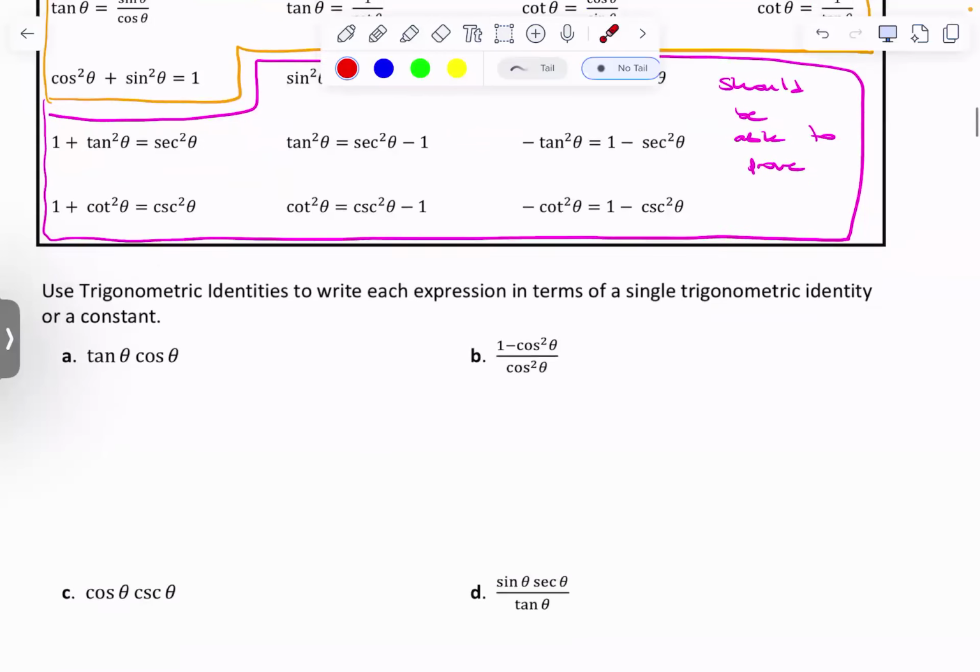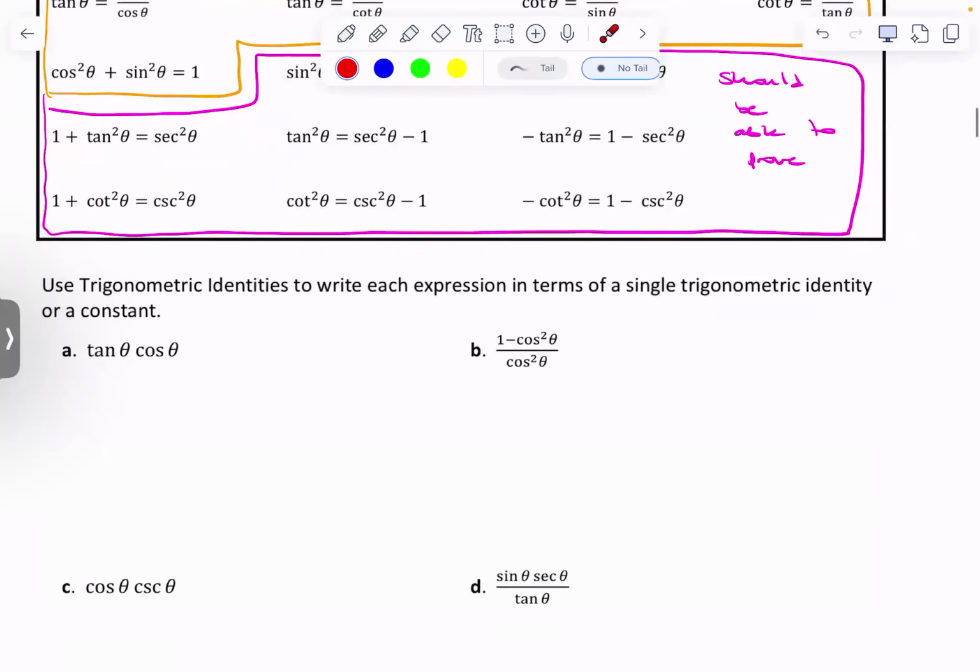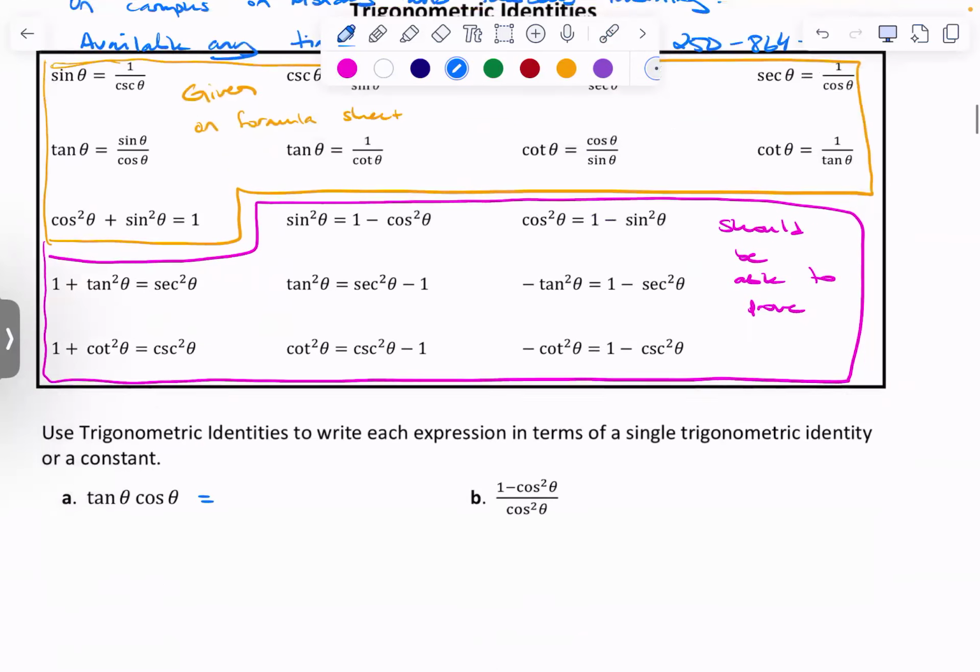Okay. And so let's start with the first one. Use trig identities to write each expression in terms of a single trig identity or a constant. Okay. And so we've got tan theta cos theta. Like I said, if I see tan, then usually my go-to move is to say, well, what if I rewrite tan theta as sine theta over cos theta?